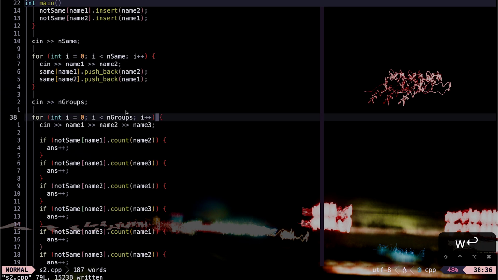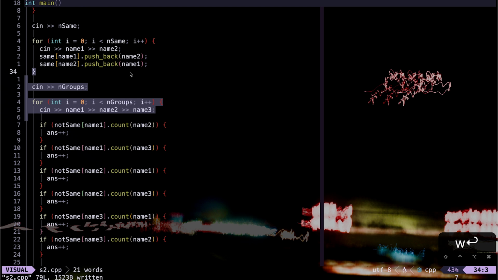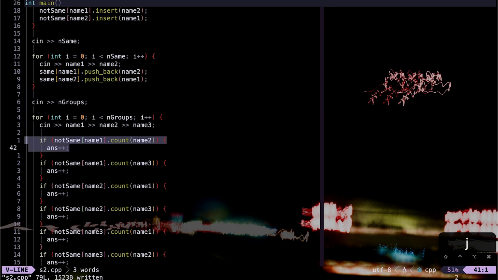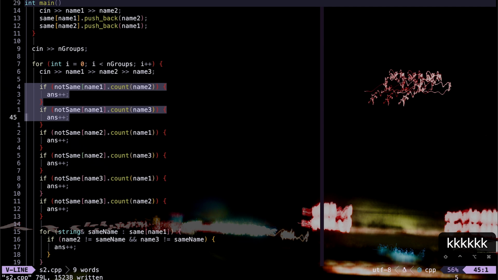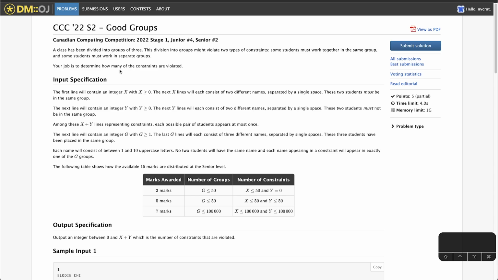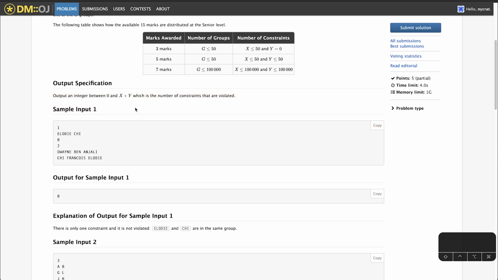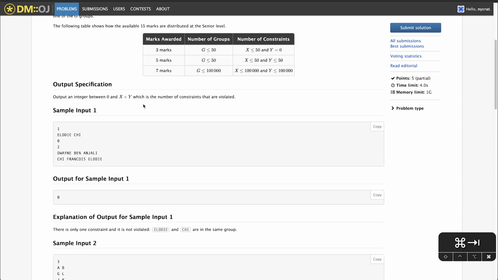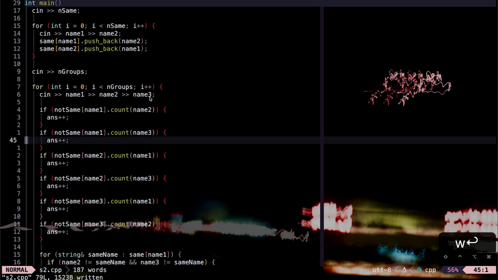I think there is a problem here because since we push back like this, if we match everyone with this, it'll violate the rule twice, and it should only be violated once.